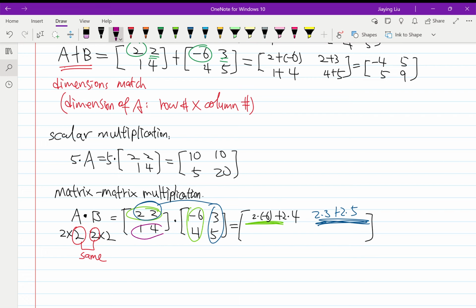The second row of A, we can multiply with the first column of B. So that will give us this element. This is the second row, first column, so that's 1 times negative 6 plus 4 times 4.